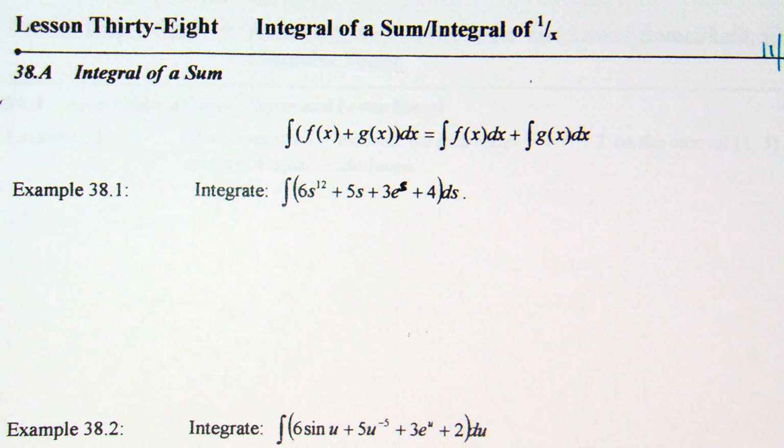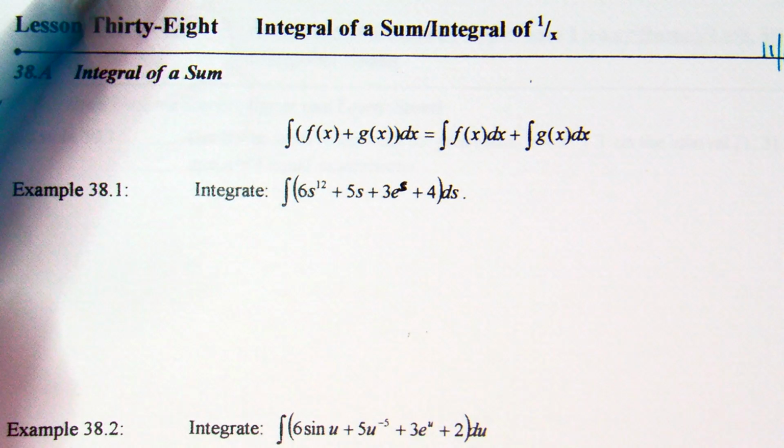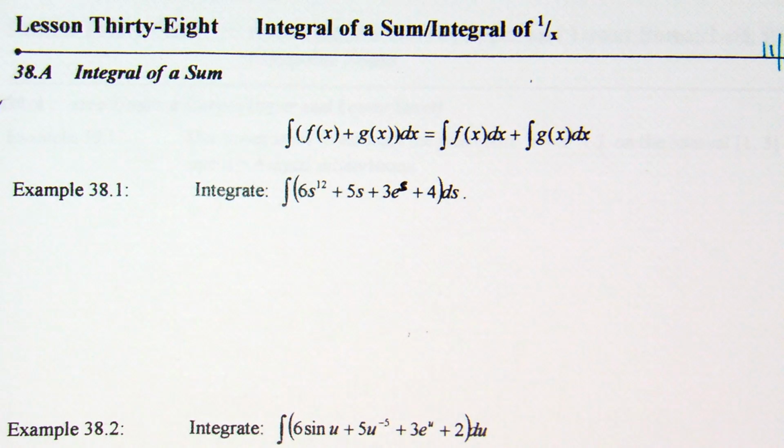So, not that I expect you to do this necessarily, but what I just want to point out is that this rule up above basically says that I can separate this into multiple integrals. Honestly, when doing it, I wouldn't waste your time. I would just start integrating.